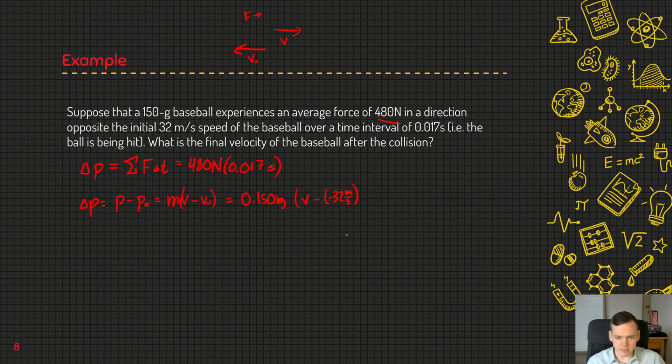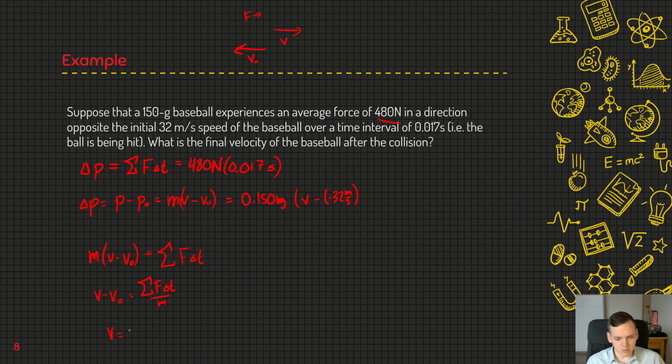I'm going to go back to symbols for actually working this problem out. And we're going to have m times v minus v naught. This is change in momentum, and that will equal the impulse applied, F delta t. We want to solve for v final, so we're going to get v minus v naught is equal to net force delta t over m.